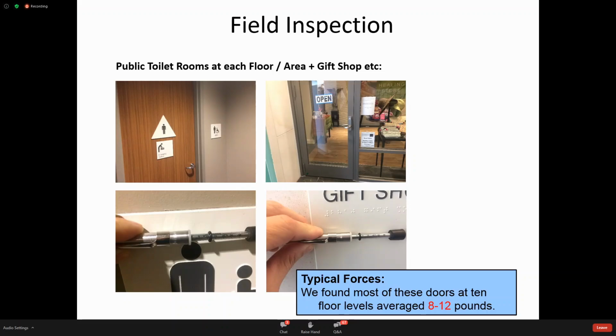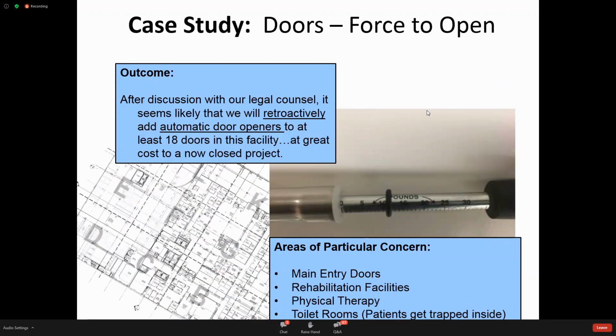So where this has taken us, this is a big deal. We're going to spend somewhere in the range of over $1 million putting in automatic door openers in a brand new building. So I would caution all of you, the particular areas of concern that I'm listing on the bottom of the slide: main entry doors, rehab facilities, physical therapy facilities, and toilet rooms.